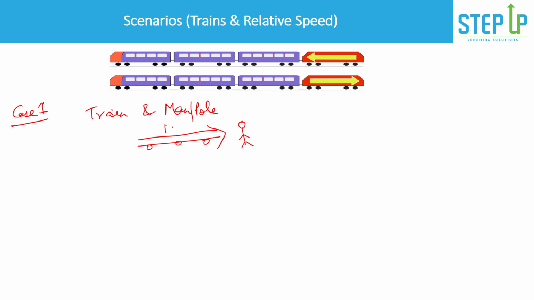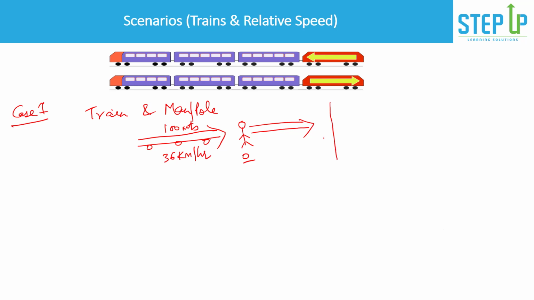If the train is 100 meters long and this person is standing stationary, that means speed is 0, and the train is running at 36 km/h, how long will the train take to pass this person? Ultimately, the train has to pass that person from here to here.